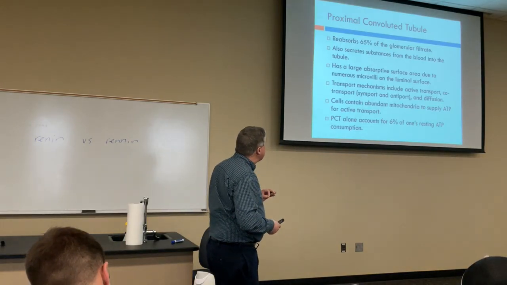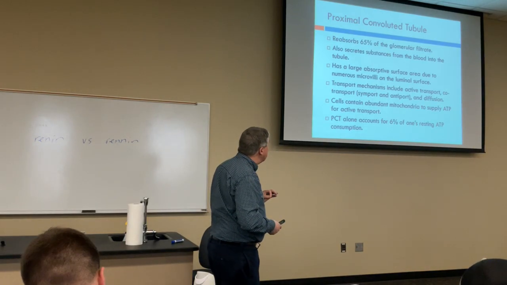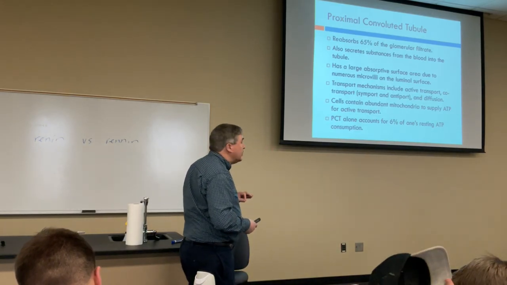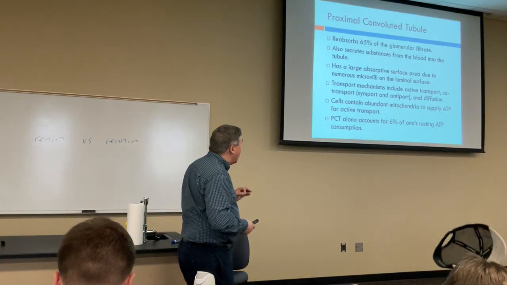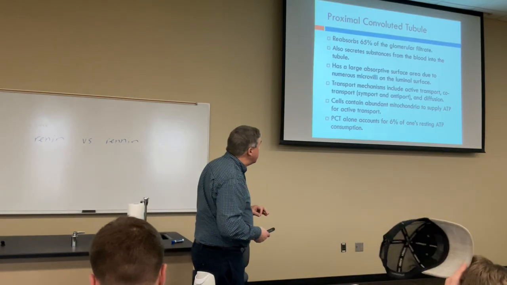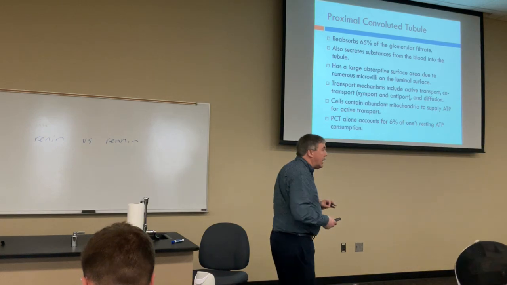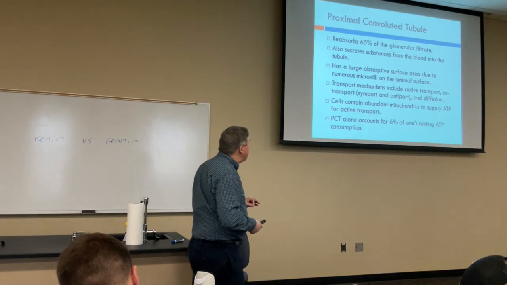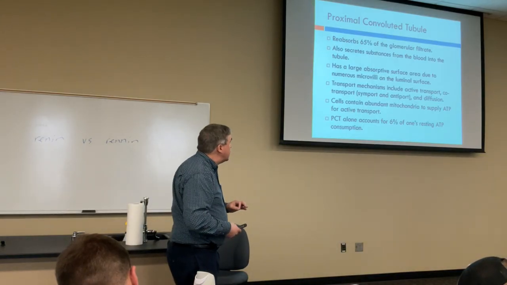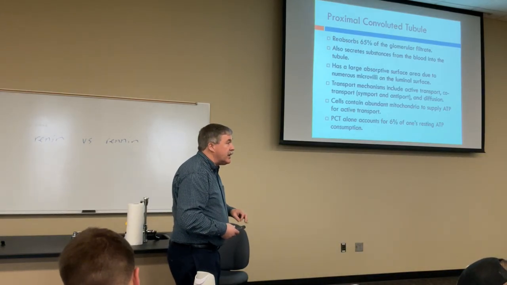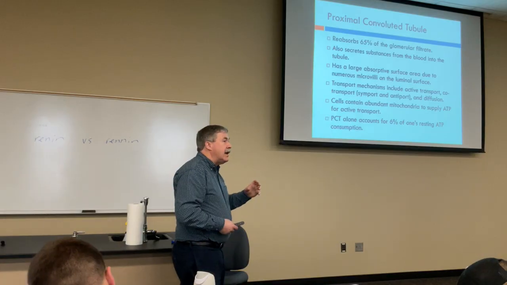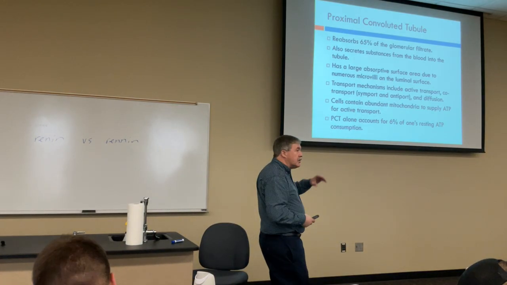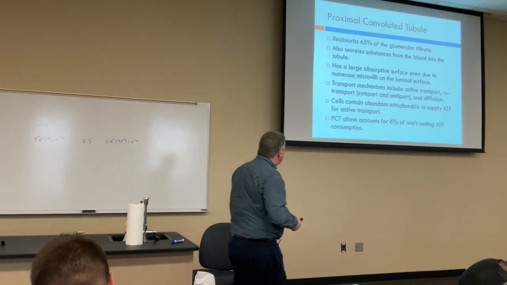Transport mechanisms in the proximal convoluted tubule, which we'll see in action shortly, include active transport, co-transport, both symport and antiport, as well as diffusion. The cells contain abundant mitochondria to supply ATP for active transport, because you get lots of active transport of sodium in the proximal convoluted tubule. Sodium is reabsorbed back into the blood.